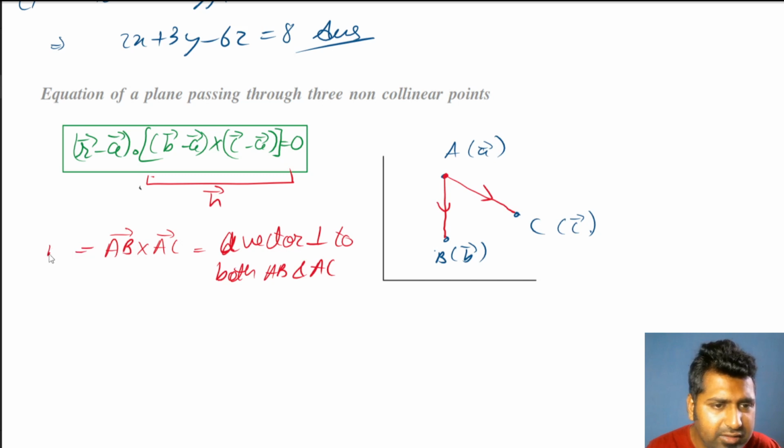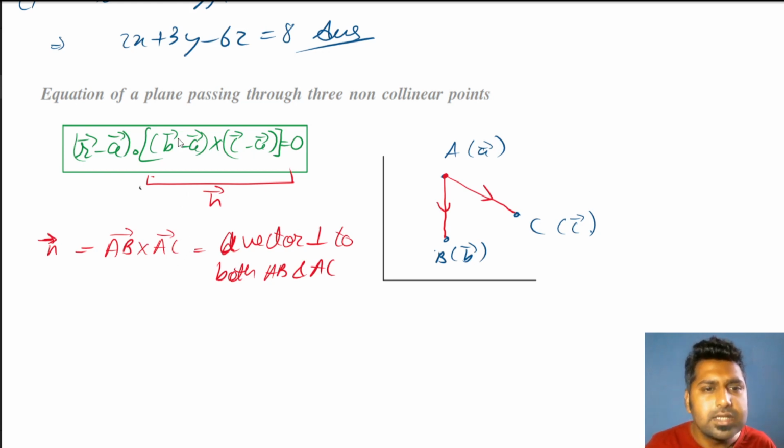So remember that the n vector can be given by the cross product of any two vectors in the plane. It's not necessary that I have to take AB and AC. I can take AB, BC, BC, AC, BC, CA, anything. So this order is not important. Whether you do C minus A, B minus A, doesn't matter. So suppose you mess up the formula, you are unable to recall the actual formula, you will still get the correct answer.